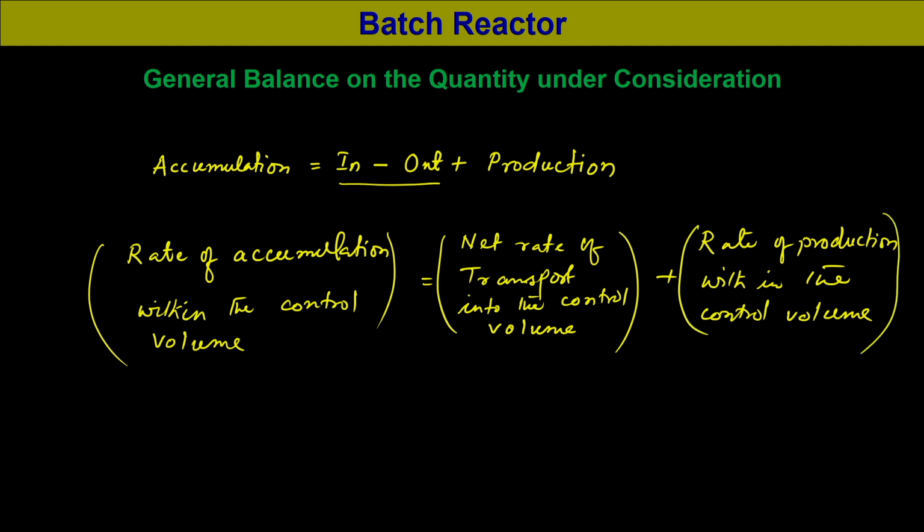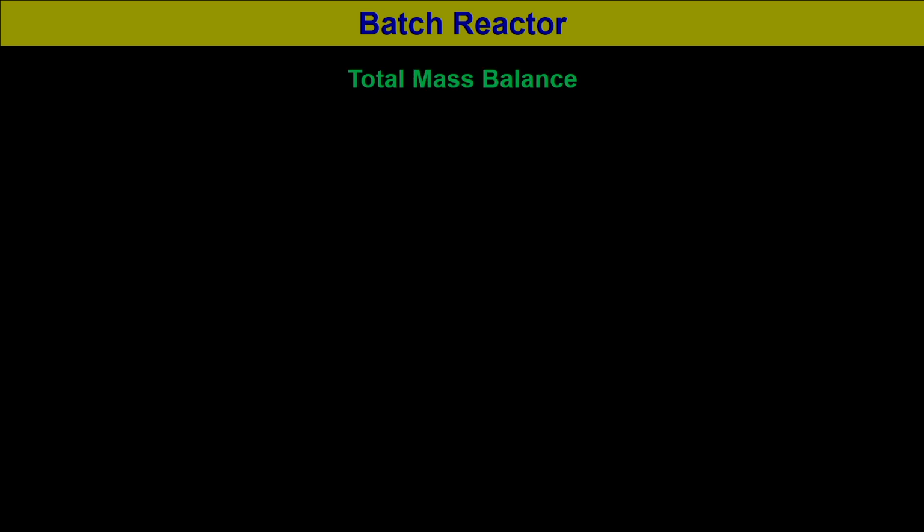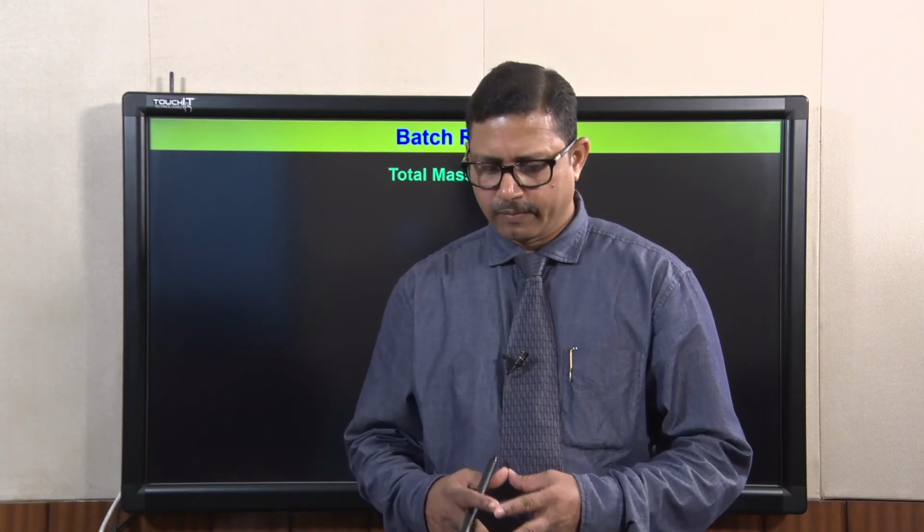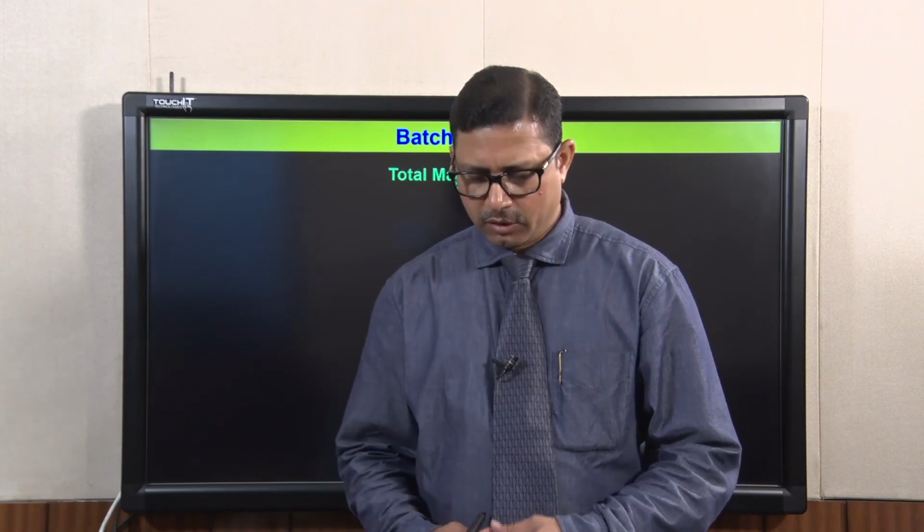Now, if we consider a batch reactor, first we will consider multiple reactions happening inside the reactor, and we will develop the generalized balance equation which can be simplified to the single reaction.